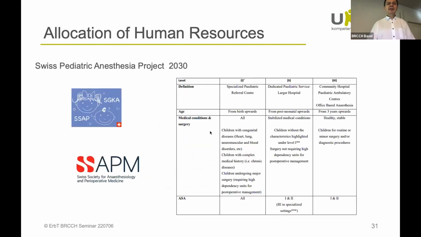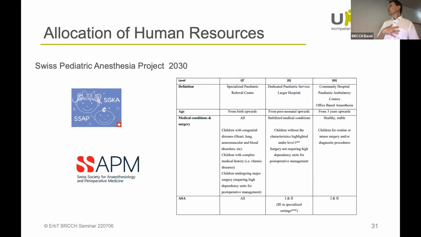This fact led to the conclusion that we will need specialized pediatric referral centers in Switzerland, where the neonates are taken care of by the anesthesiologists. And then other institutions, such as large cantonal hospitals, should abstain from taking care of these kinds of patients.